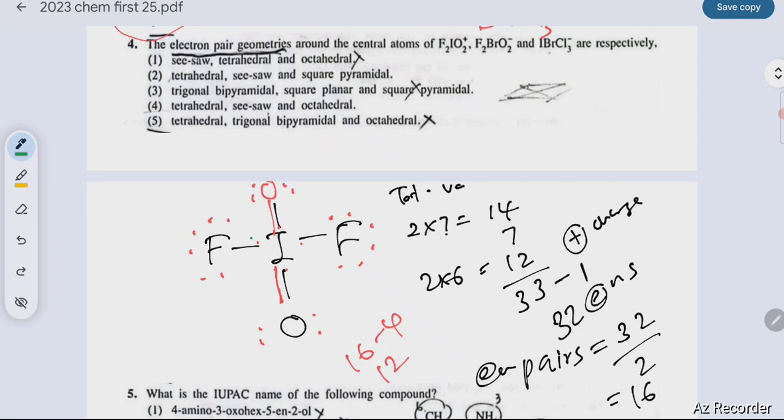Why does iodine get a plus charge here? Because here iodine has 6 valence electrons, but iodine should have 7 valence electrons. So it is in deficiency of 1 electron. Therefore, it gets a plus charge there. Similarly, we draw the Lewis structures of the others as well.